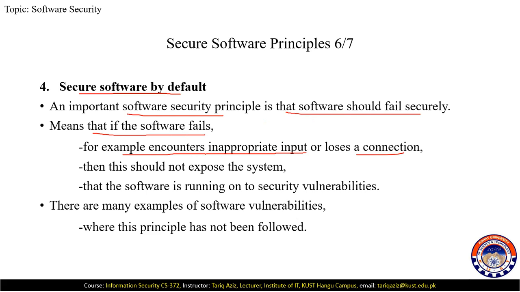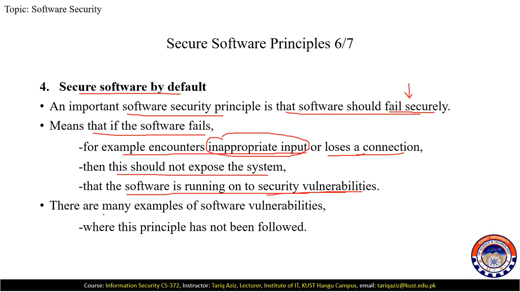If somebody provided inappropriate input to the software, it should fail securely. Or if the connection is lost, then it should also fail securely. Then what will be the advantage? The advantage is that this should not expose the system that the software is running on to security vulnerabilities. If our software doesn't fail securely, then it may expose our system to security vulnerabilities.